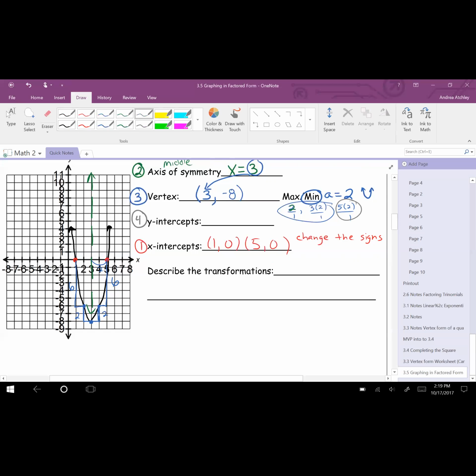So from my x-intercept, I can go over 1 and then up 10. 1, 2, 3, 4, 5, 6, 7, 8, 9, 10. And that will give me my y-intercept. My x value is 0 and my y value is 10. Any questions over that?